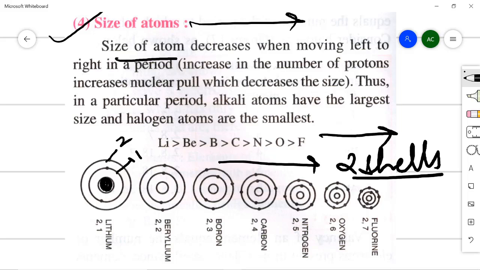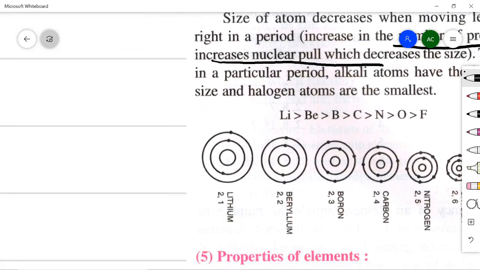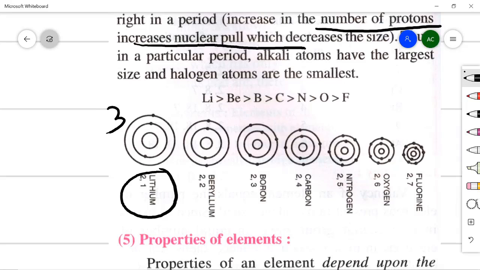The size of an atom decreases when we move left to right in a period, and the reason is that when there is an increase in the number of protons, the nuclear pull increases and thus decreases the size. For example, this is lithium. How many protons will it have? It has atomic number 3, so it has 3 protons.